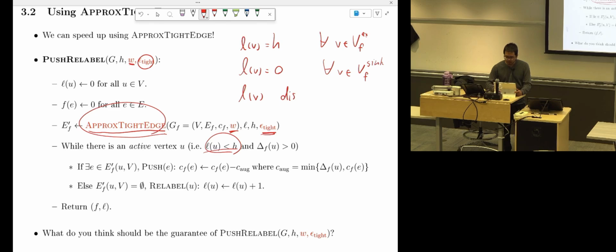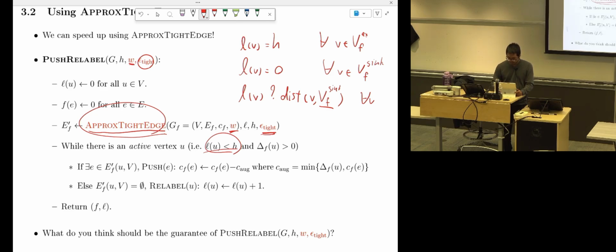What's the relationship between the distance to the sink, or to the vertex with level 0, for all v? It's at most 1 plus epsilon times distance.